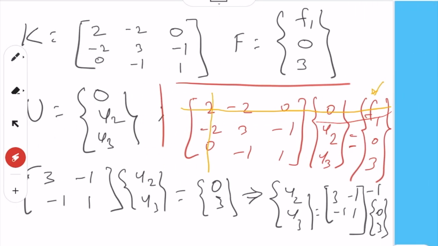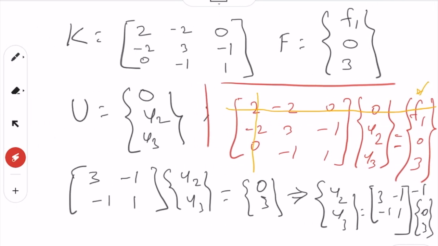So the first equation relates U2 and U3 to F1. So minus 2 times U2 plus 0 times U3 equal to F1, that means F1 equal to simply minus 2 times U2, that is what it means. F1 equal to minus 2 times U2, right.